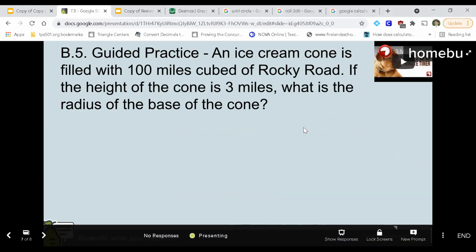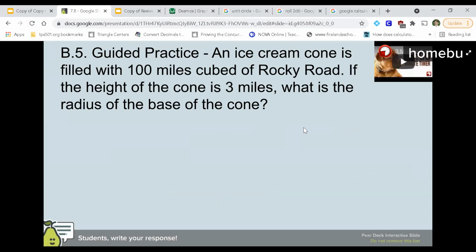Let's say you go to Baskin Robbins and you order the world's largest ice cream cone, as you are wont to do, right? So they give you an ice cream cone filled up with 100 miles cubed of rocky road. The radius of the cone they give you is 3 miles long, all right?